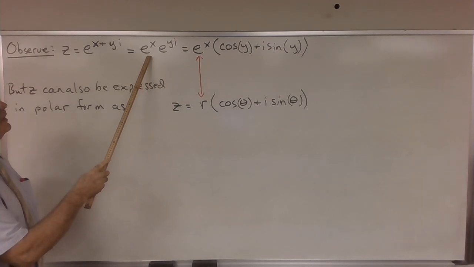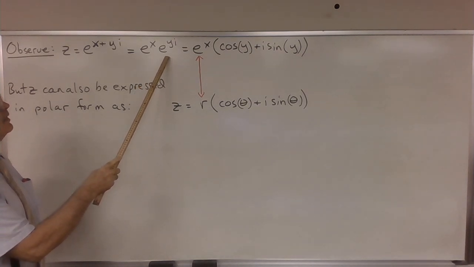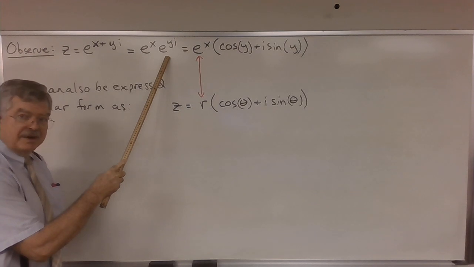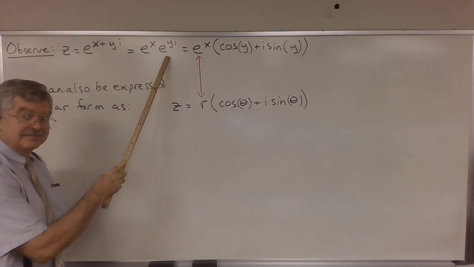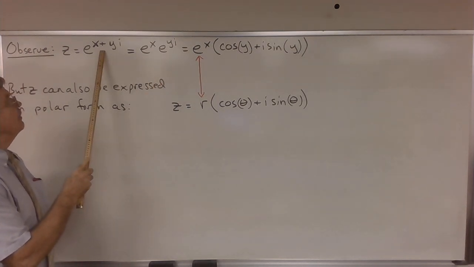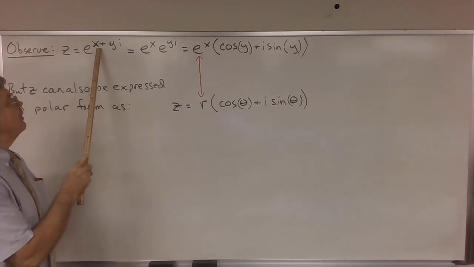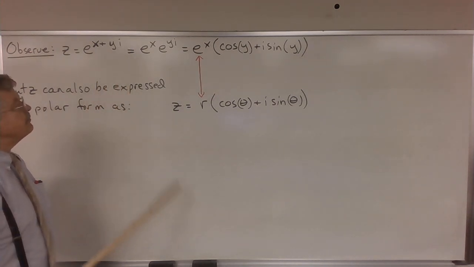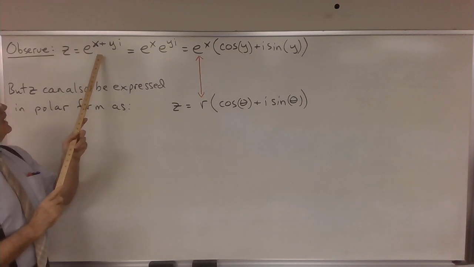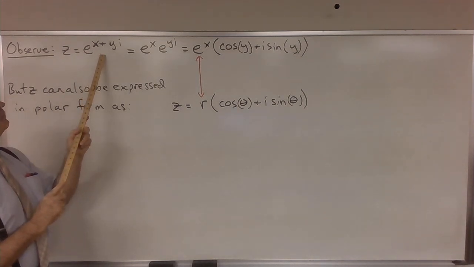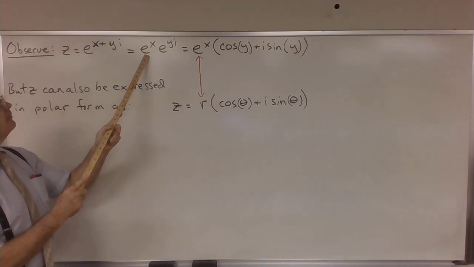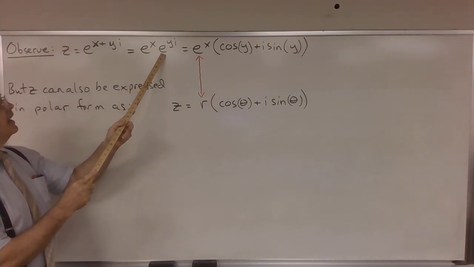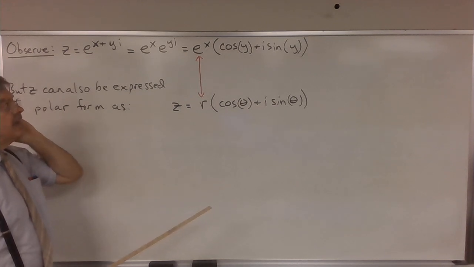So if we have e to one power times e to another power, what do the exponents do? They add, don't they? And we get e to the power of x plus yi. So if we have e to the power of x plus yi, we can rewrite that as e to the power of x times e to the power of yi.